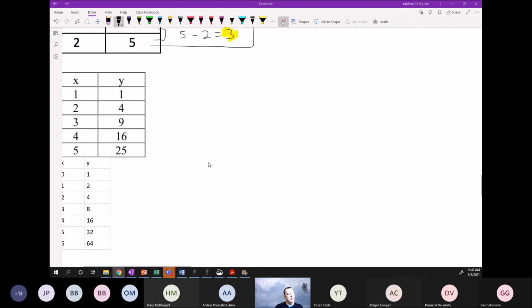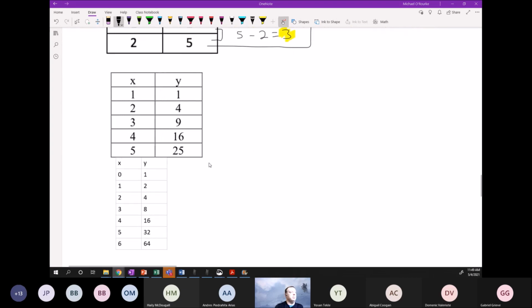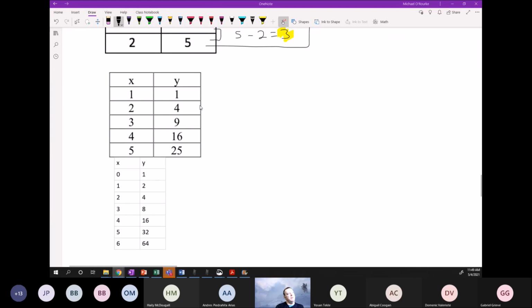So now, let's do another one. Let's take a look at this one, and we'll do our first differences. So 4 minus 1 is 3. This here is 5. This here is 7. This here is 9.